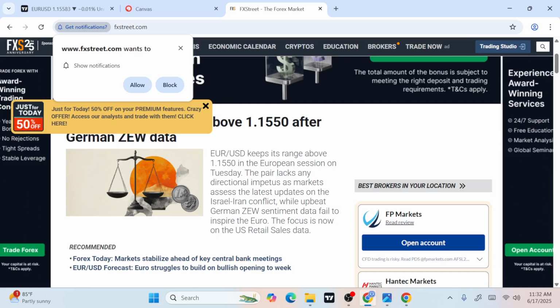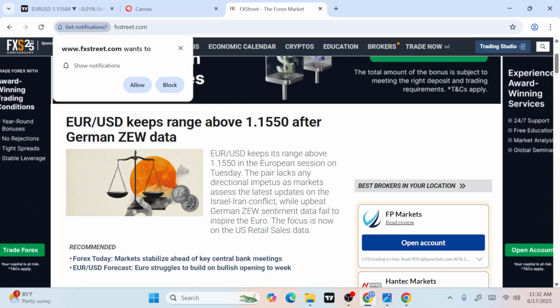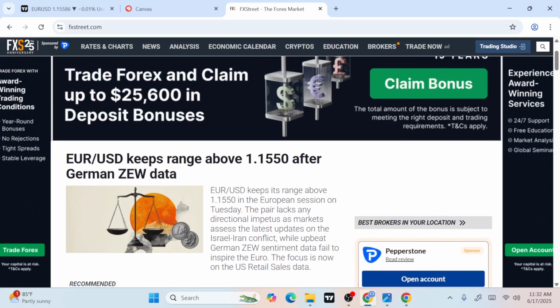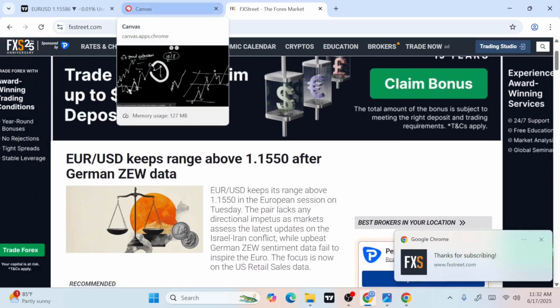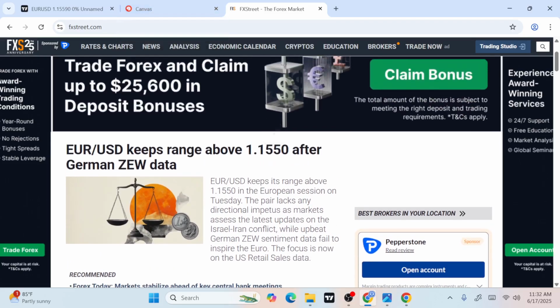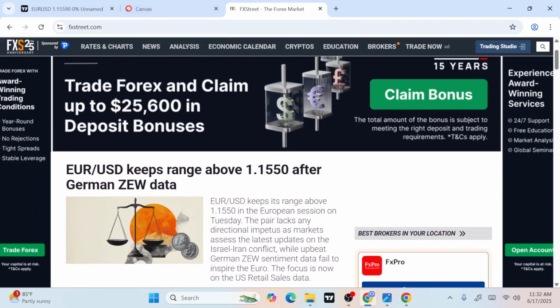So one of the confluences I make is that, if I trade Euro USD, I come to my news and check. You can compartmentalize your news to whatever you are trading. If you are trading just Euro and XAU, you just choose Euro and XAU. XAU is good. So you can check your charts.